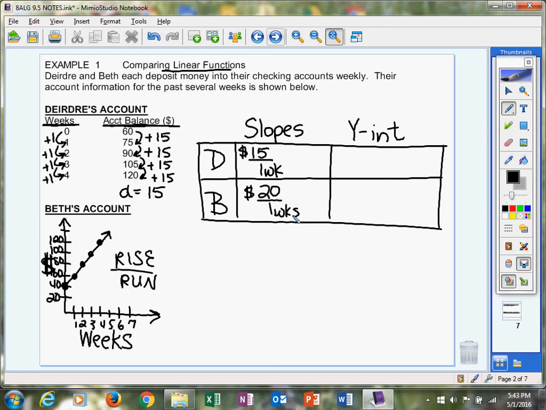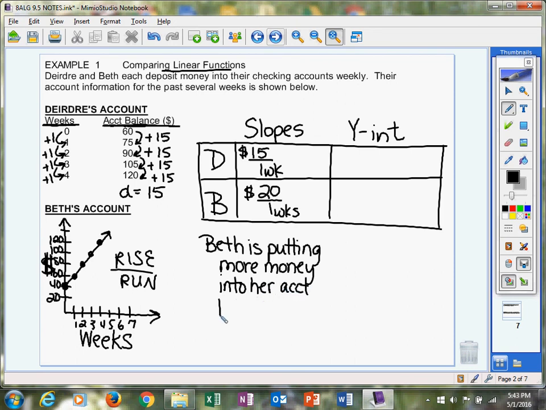So we want to make a statement about that. And you may say something like, Beth is putting more money into her account than Deirdre. And you can use the dollar amounts.